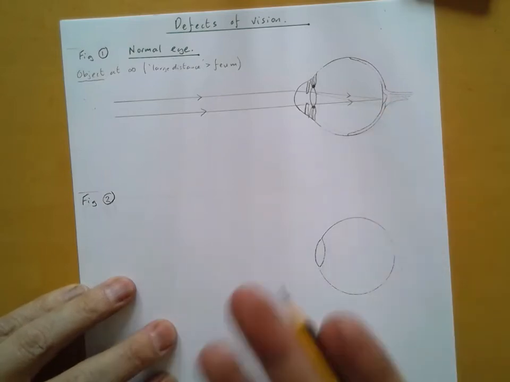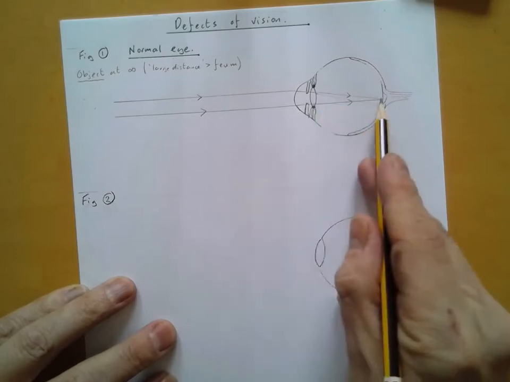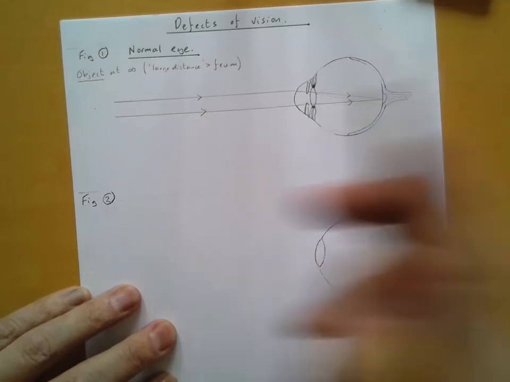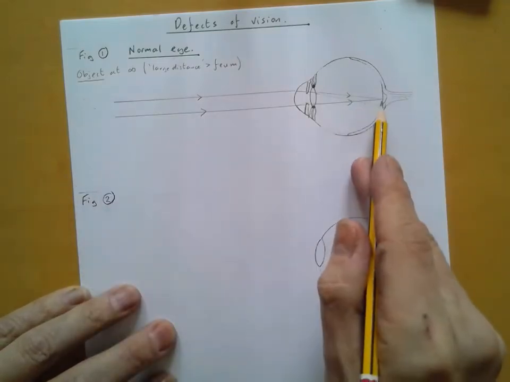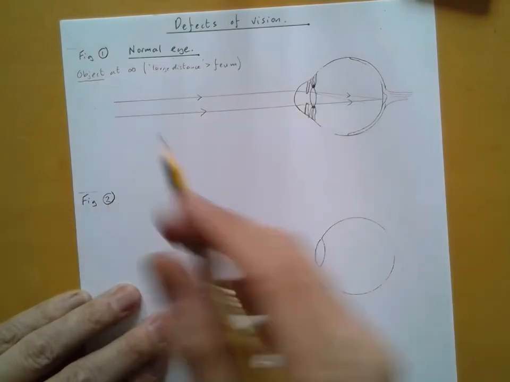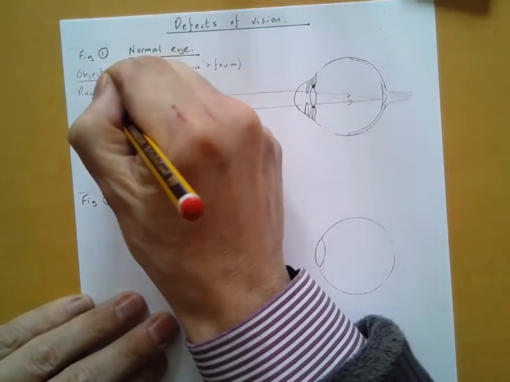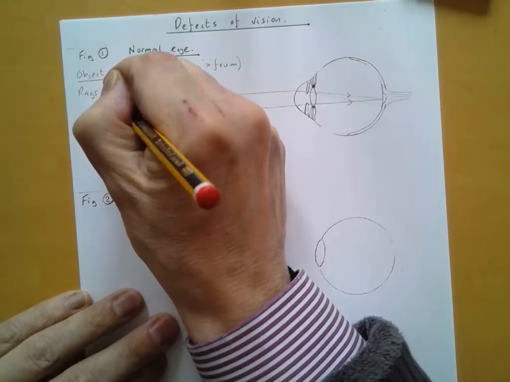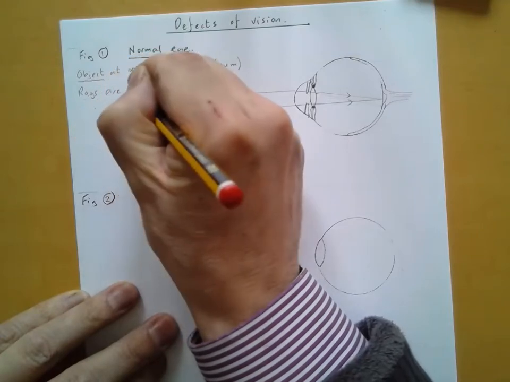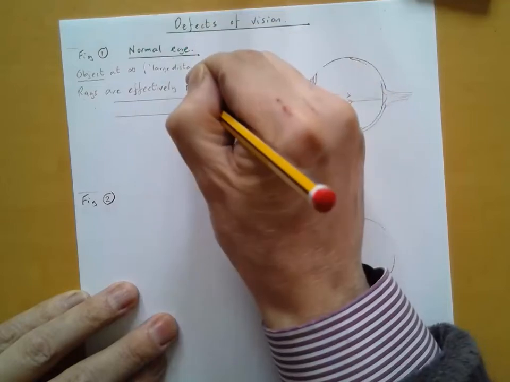Our eye has evolved to have a lens with a focal length equal to the length of the eyeball, and therefore an object at infinity will be focused on the retina, since the rays are effectively parallel.